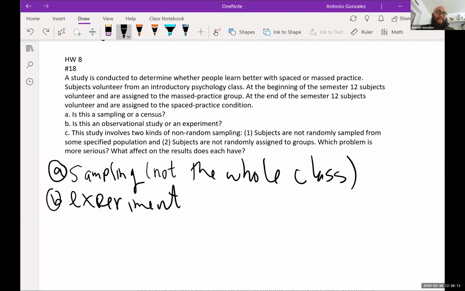But anyways, let's look at this here. Subjects are not randomly sampled from some specified population. That means that it's only people in this psych class, not in the whole school. Just the people that are in this psych class. And subjects are not randomly assigned to groups.